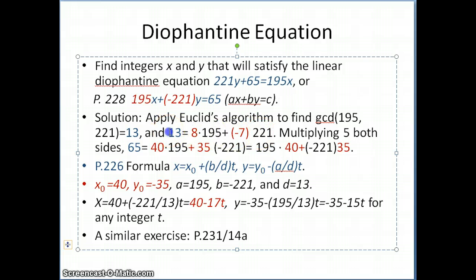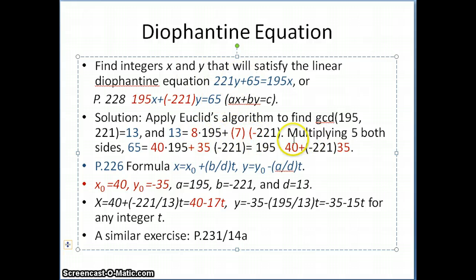If we compare this expression and the original equation, it's very close. On the left side we have 195 times something, and we have 221 times something, and I guess I should put 7 times -221.